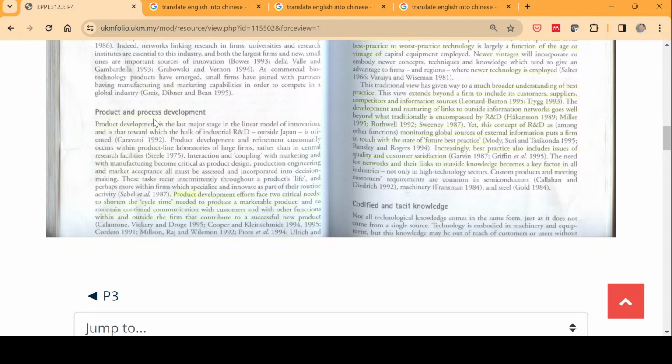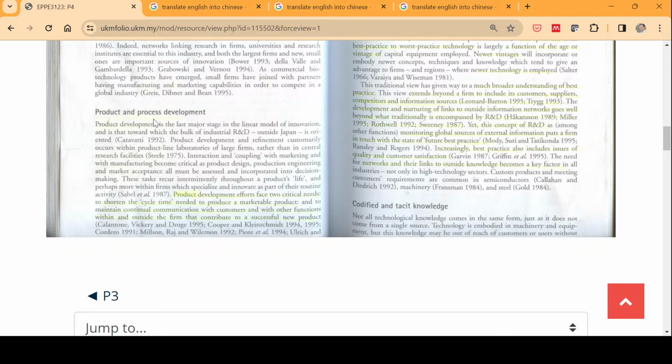Everything must be tip top, efficient, good quality, and so on. So that's what I wrote here. Process innovation does not only deal with production, but also includes how to get the products to customers and how they are satisfied.